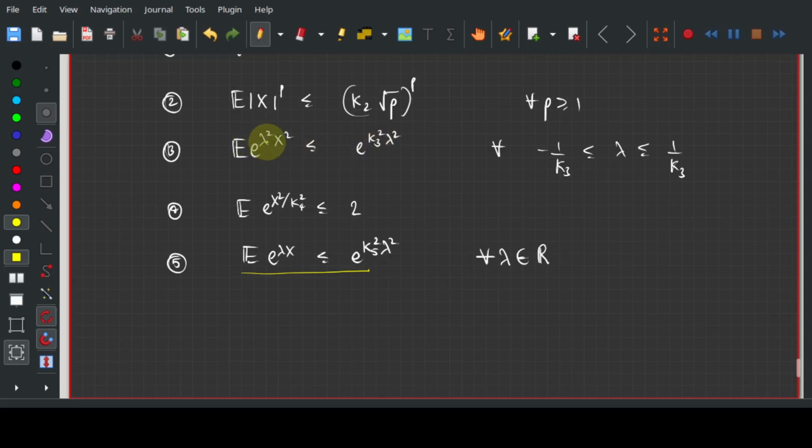So the expectation of e to the lambda square x square should also be less than or equal to e to the some constant times lambda square, but now in perhaps a limited range of lambda. What this effectively means is that if I can derive a tail bound on a Subgaussian random variable, I can also derive a similar looking tail bound on the square of the random variable.